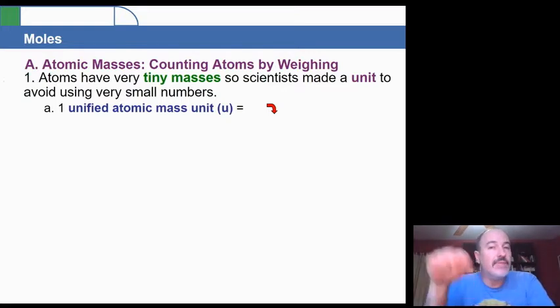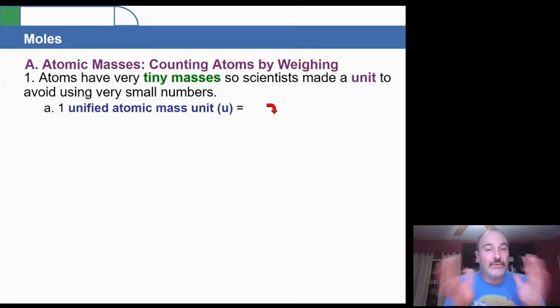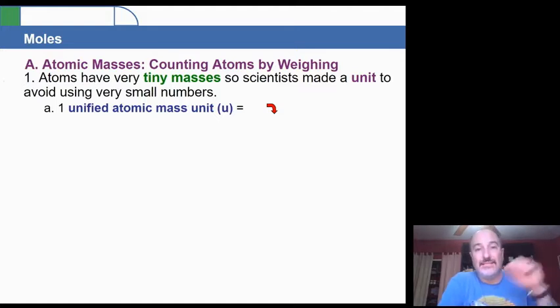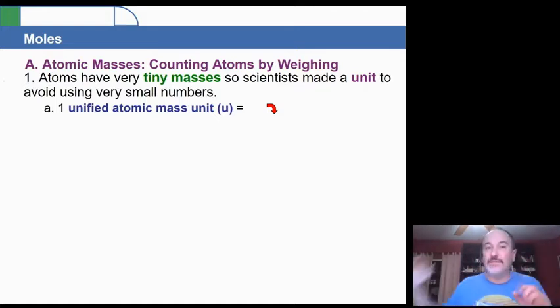The atoms that make up that eyeball are roughly the same scale compared to that eyeball as the eyeball is compared to the overall Earth. So atom is to eyeball as eyeball is to the Earth, just to give you a sense of scale. And since they are so small, measuring them in grams is completely useless.